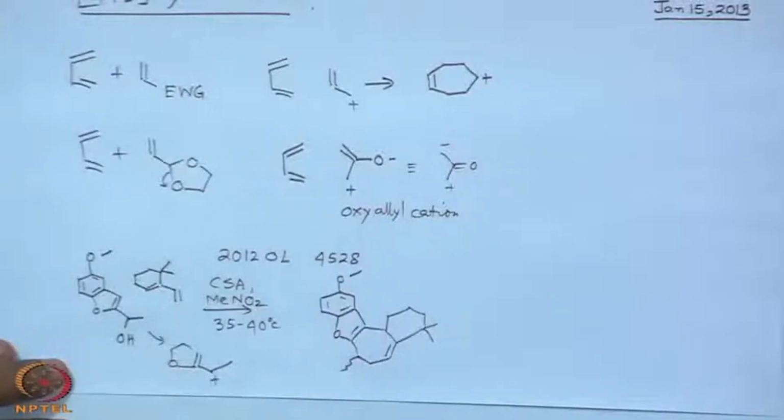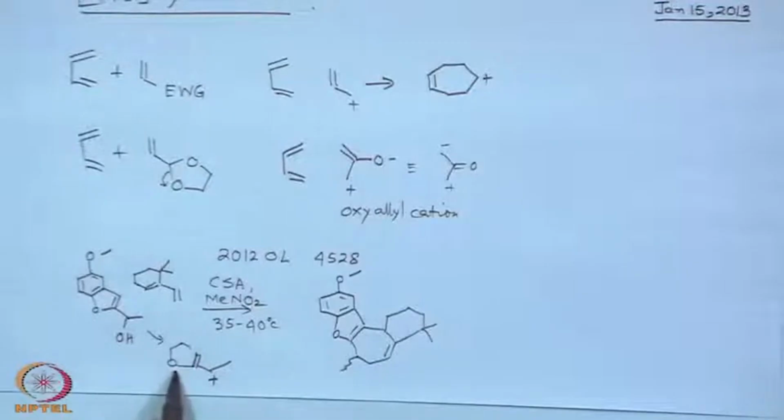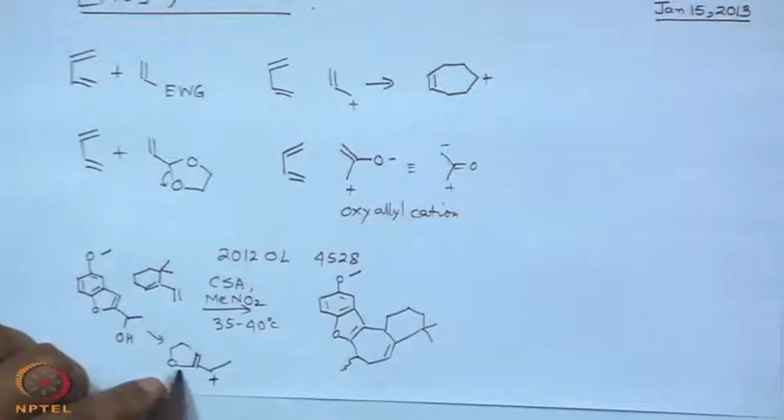So, that means you have a pi system, you have a carbocation here, and then what? Then this middle one, the allylic system, will have an oxygen here, and all of us know oxygen, in the presence of the adjacent double bond, polarizes the electrons toward these beta positions.